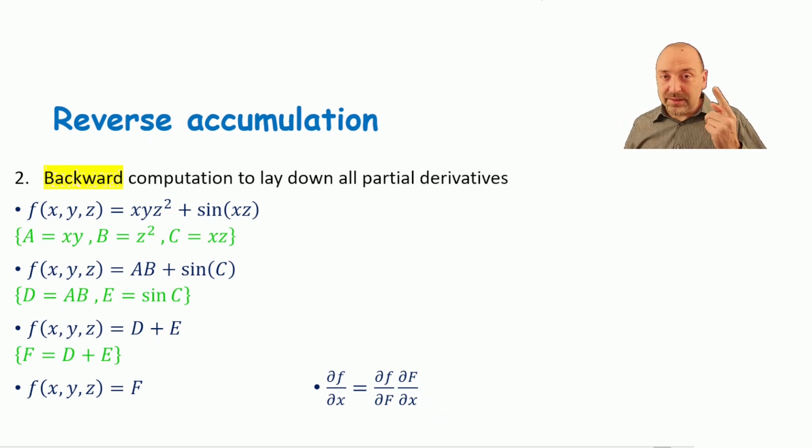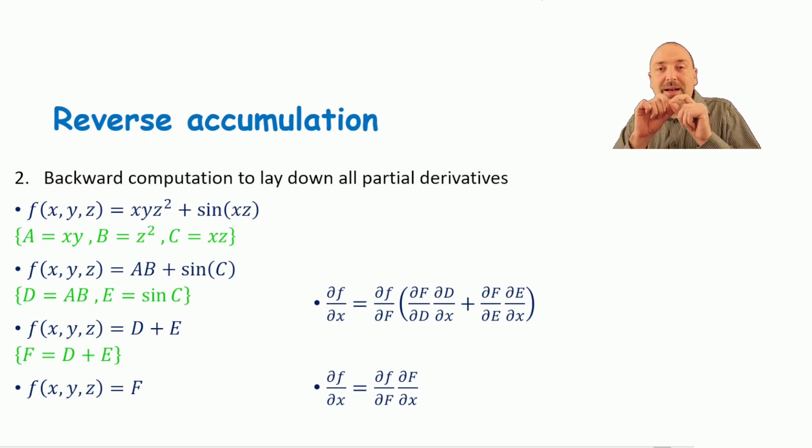Now we can repeat this by breaking down F into D plus E. Since it's a sum, we get the sum of two terms: the partial derivative of F in D times the partial derivative of D in x, plus the partial derivative of F in E times the partial derivative of E in x.